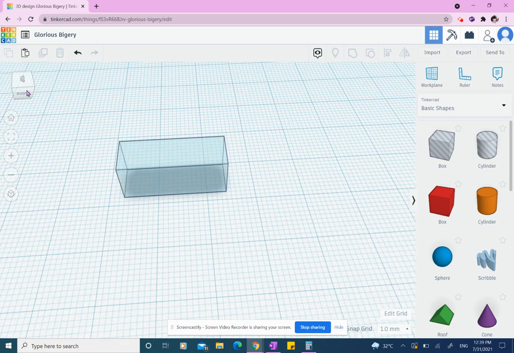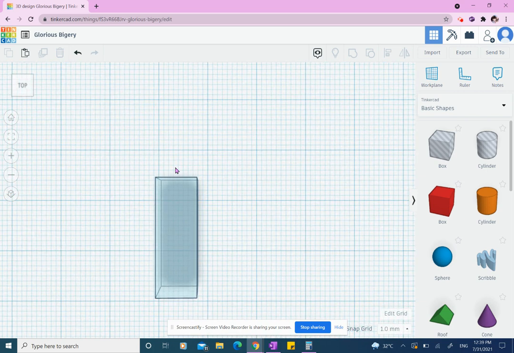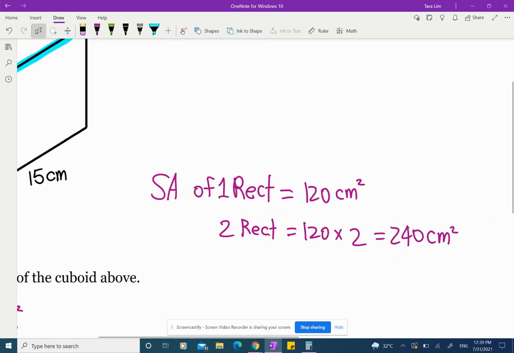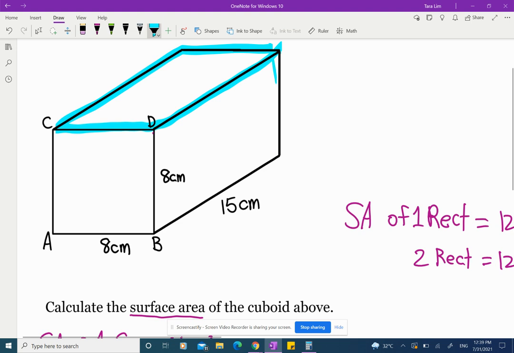As you can see just now, when we were in this position, it looks a little like a parallelogram. But if you take a look clearly, it is actually a rectangle. So it's exactly the same as the rectangle we calculated just now, which means this length here is 15 cm, and the width here is 8 cm. So as you can see, they're exactly the same.